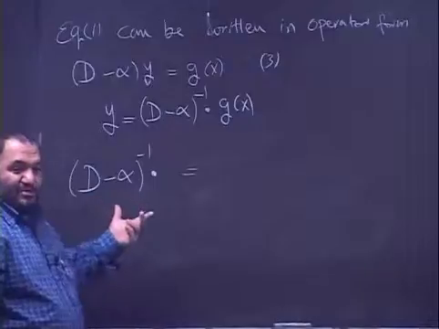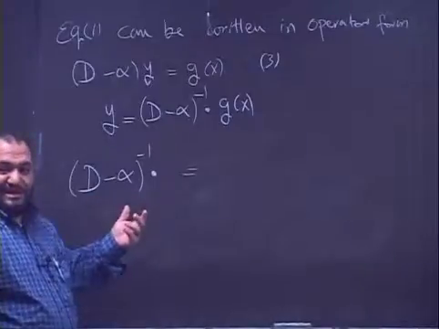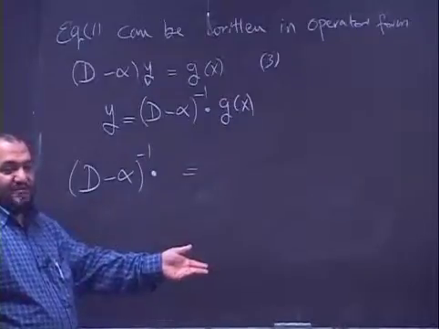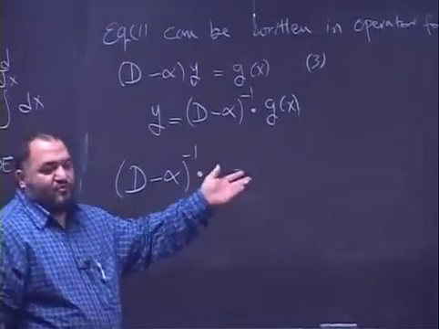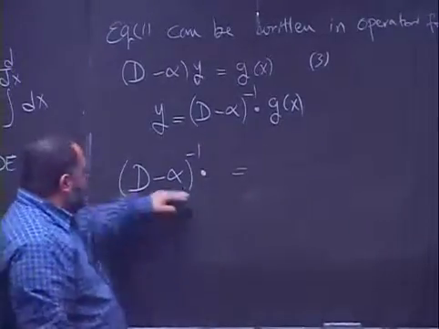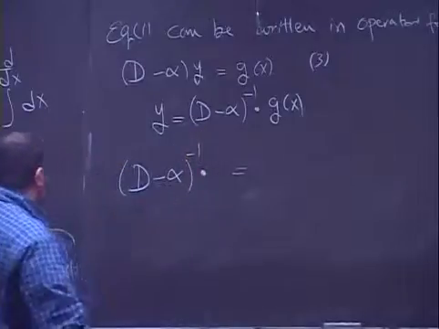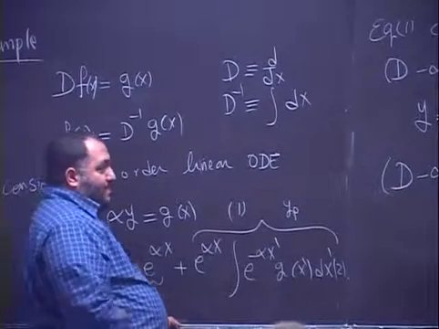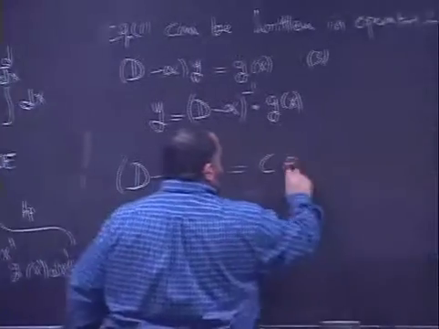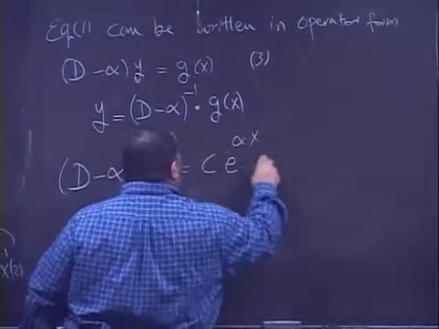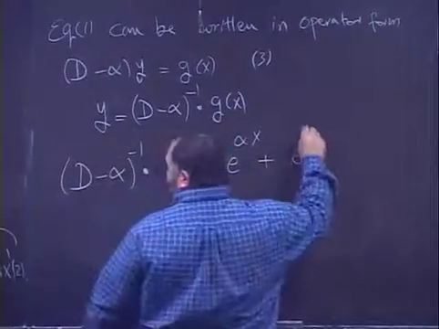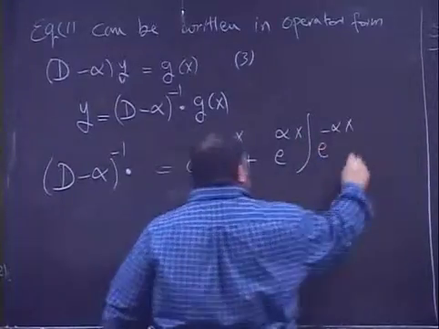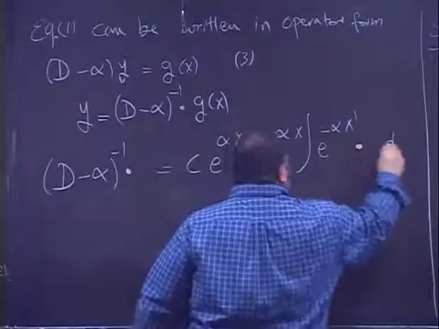Okay? What does operator mean? A mathematical operator that if you operate over a function, let's say f of x, it will give you some function g of x or something like this. So this operator here, d minus alpha, which is this one, is equal to what from here? So the first term will be the same. Yes? And the second term will be e to the power of minus alpha x prime dx.